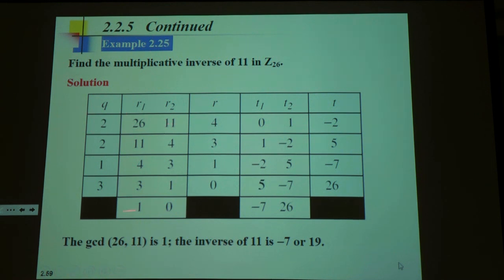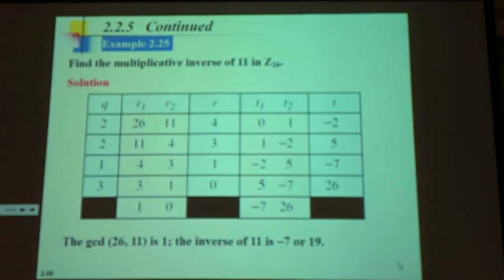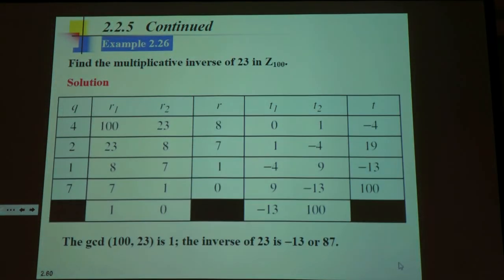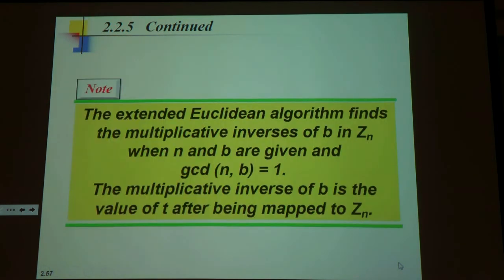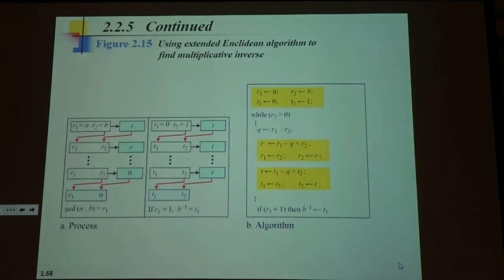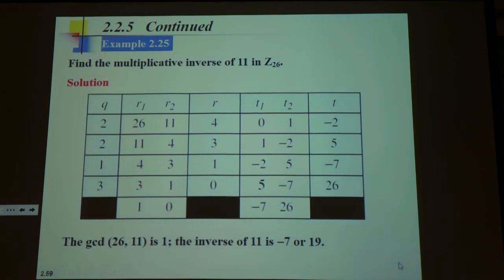Quotient and remainder, until we go to 0. What is this one in here? It is the greatest common divisor. Does it apply? Yes, because the condition is that the greatest common divisor has to be 1. So 1, right? And then I calculate the t as we learned before.